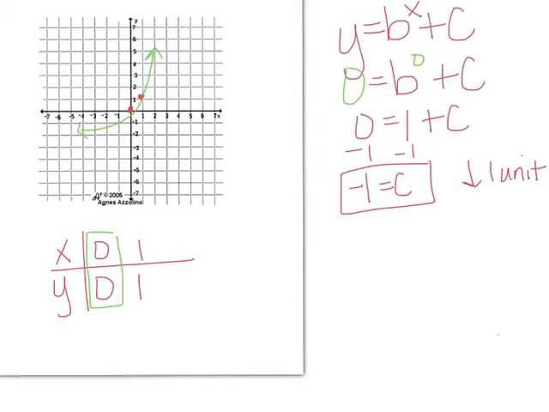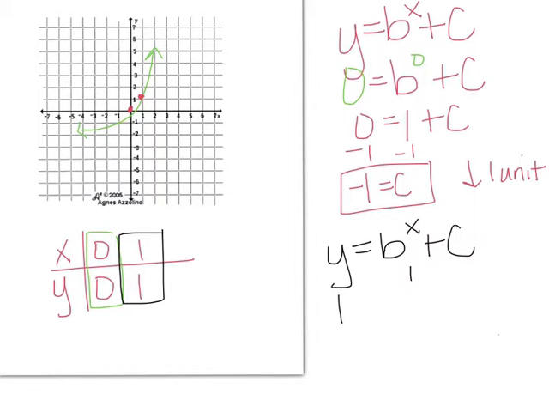So let's look at our other point. We have y equals b to the x plus c, and this time our x value is 1. So y is 1, x is 1. Let's go ahead and put that in the other color. So y is 1, x is 1.